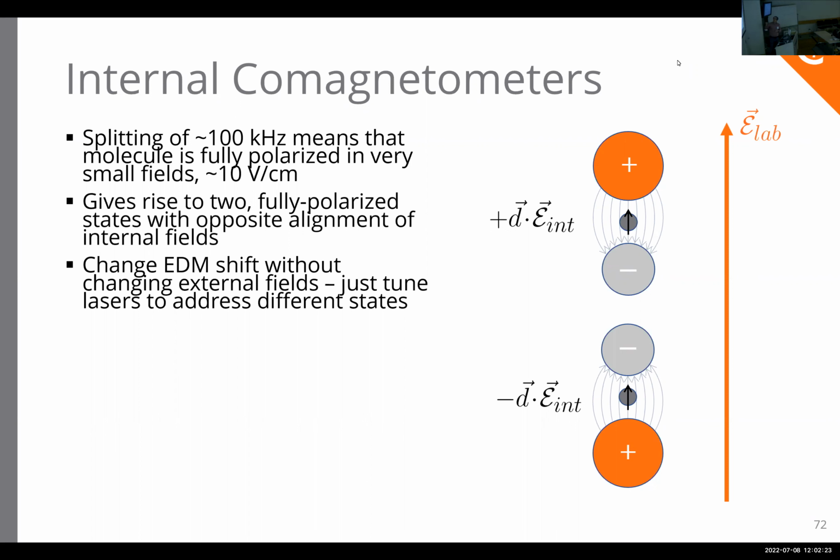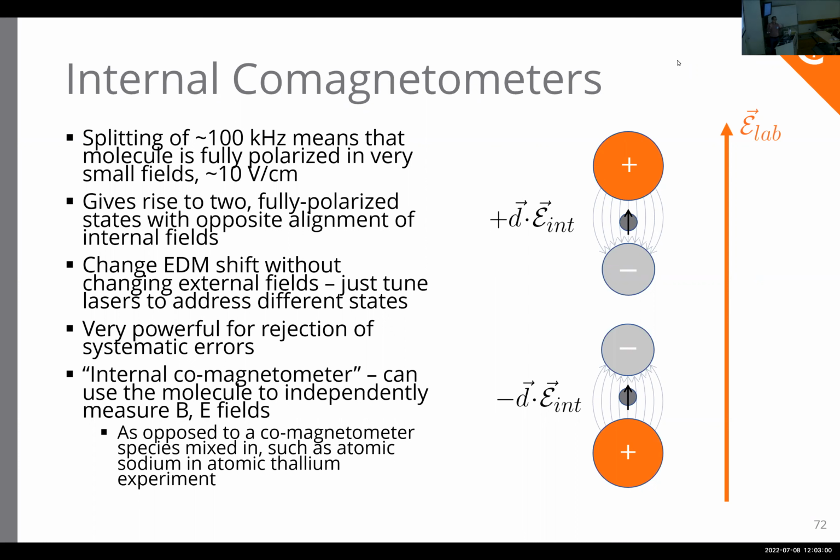And because the internal electric field is correlated with the direction of the dipole of the molecule, these two states have equal and opposite electron EDM shifts. So that allows you to basically look for this EDM without changing any external fields. So remember in the beginning, I said in this ideal experiment, you have to flip your electric field and then redo the experiment. Here, you don't have to change any of the external fields. You just have to address a different state in the molecule, and you can do the measurement.